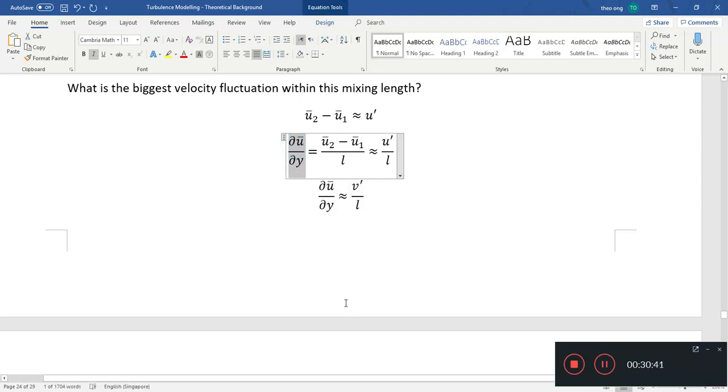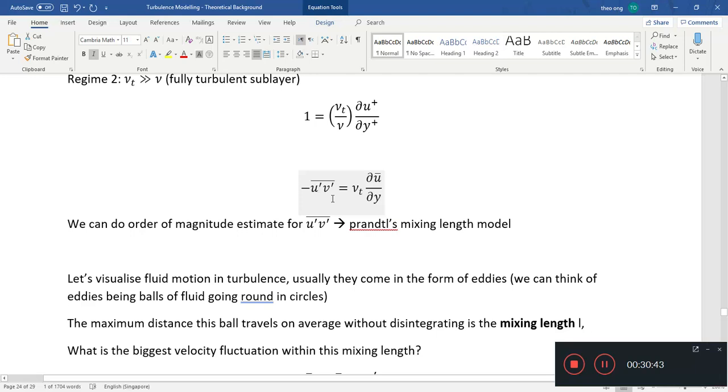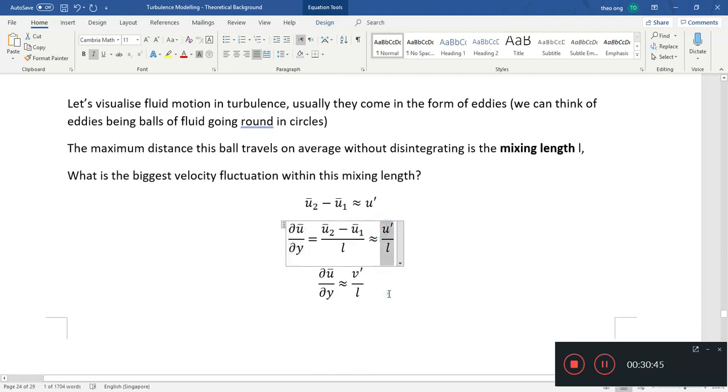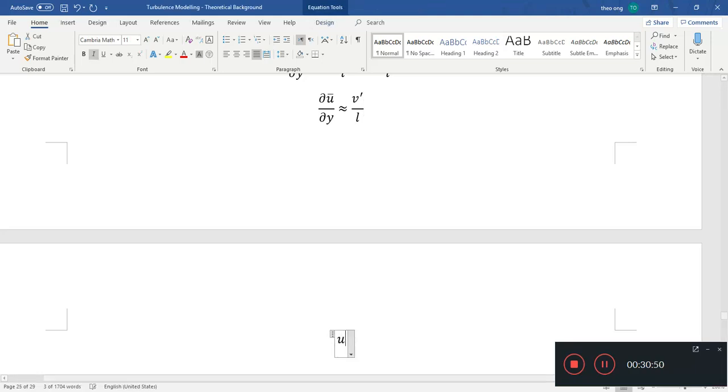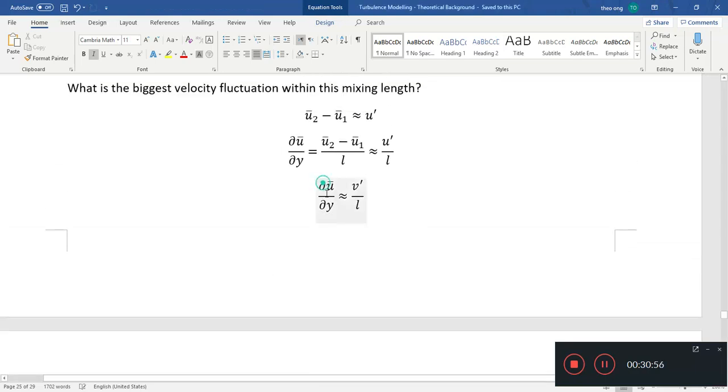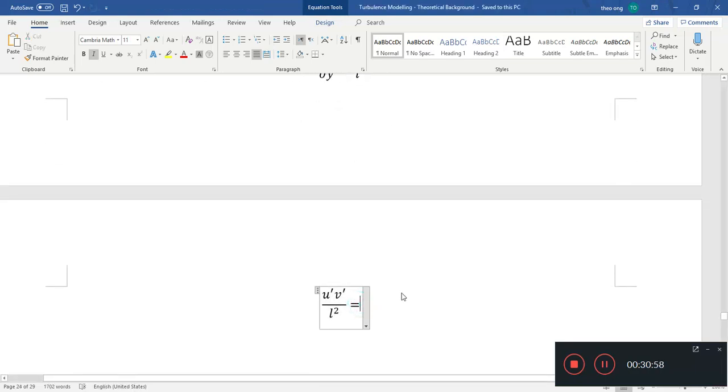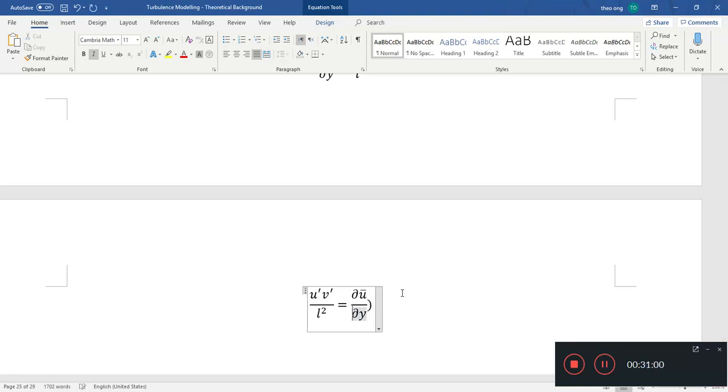So dividing by L will give you the velocity gradient, which we can then plug back into our equation. Now that we have this u prime and v prime, we can multiply them together. u prime v prime divided by L squared equals, so we just multiply these two equations together, we have partial u bar partial y squared.